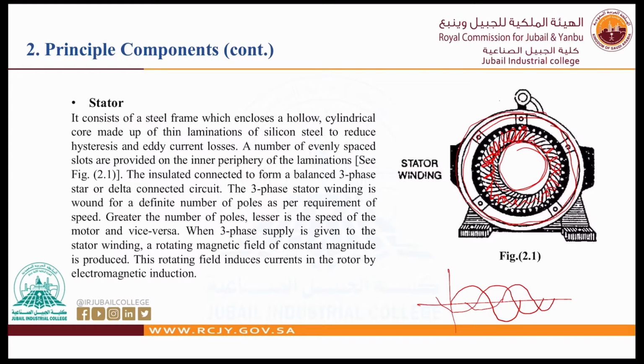So this core consists of thin sheets. You will see it in the video, inshallah. We will show you a video, inshallah. So we will have a lamination of silicon steel to reduce the hysteresis and eddy current.